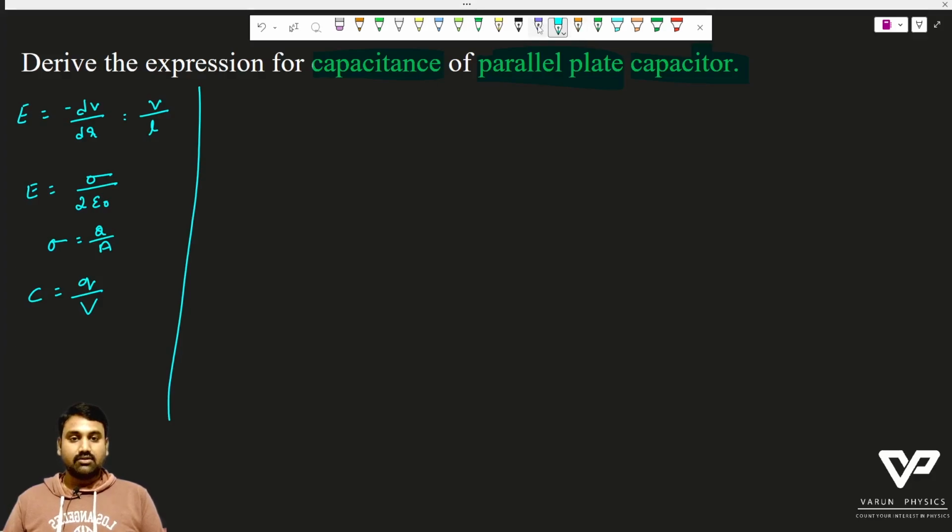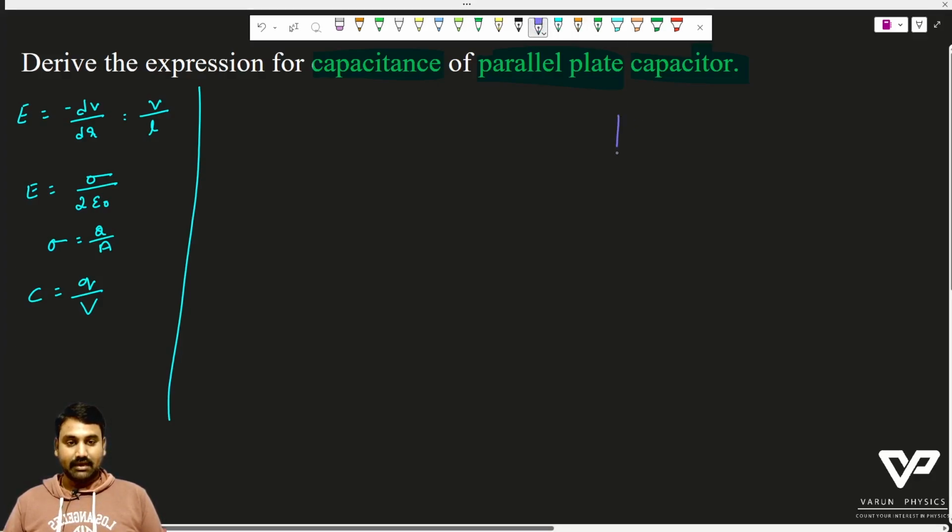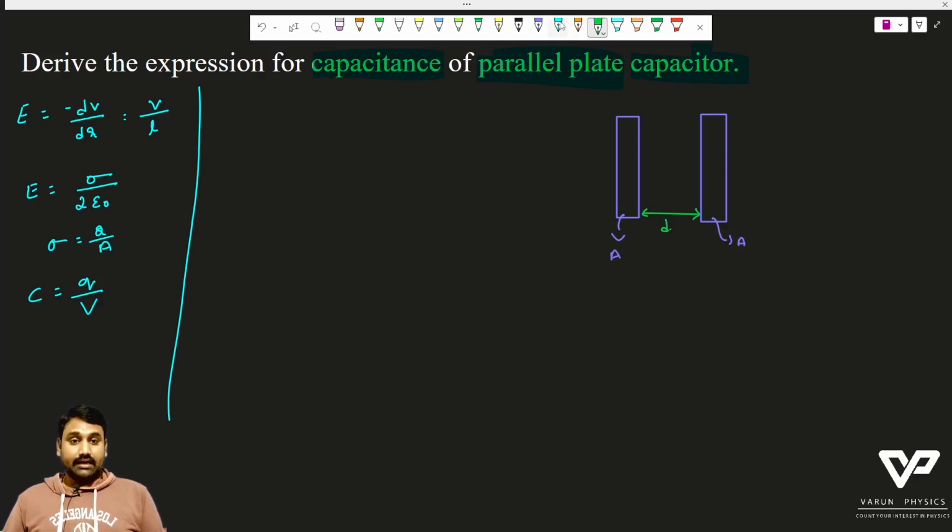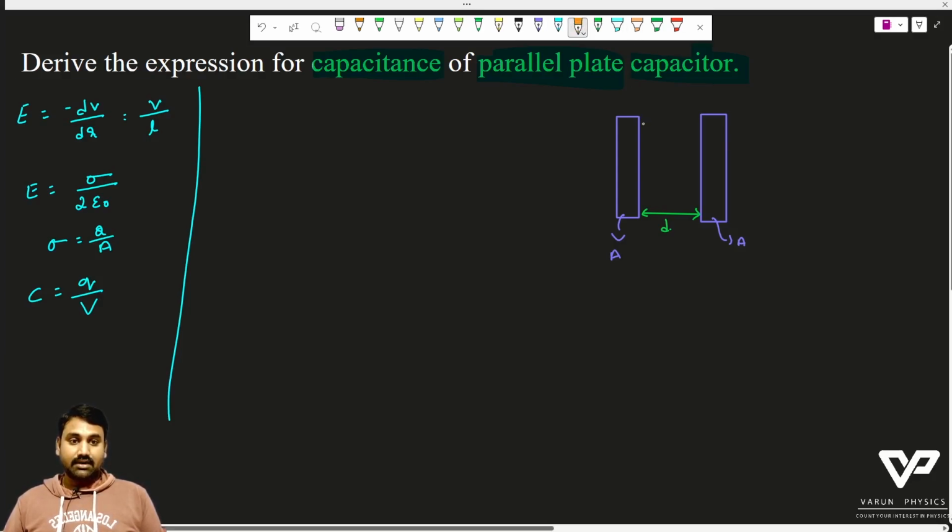In order to analyze this, we'll assume a parallel plate capacitor with two plates whose surface area is A, and these two are separated by a distance D. On plate 1 we have a positive charge, which means it has plus sigma, and on the other plate we have a negative charge, minus sigma, as the surface charge density.